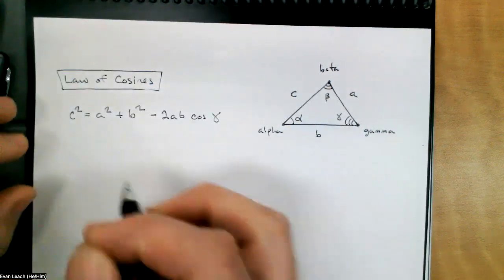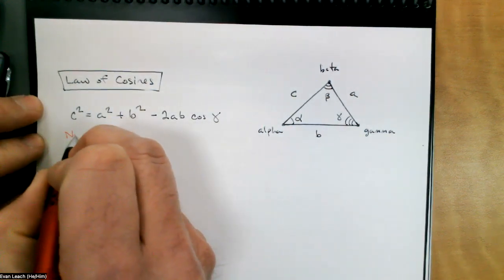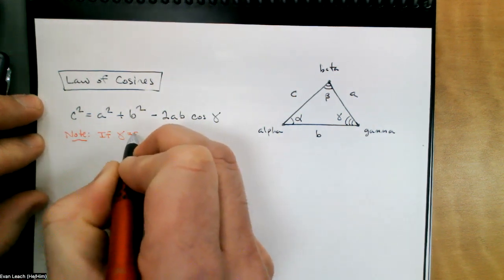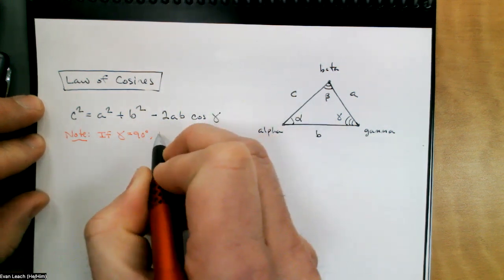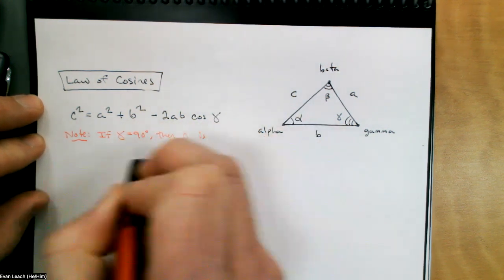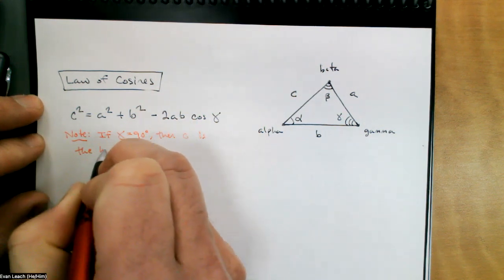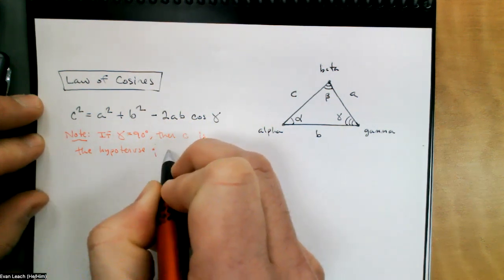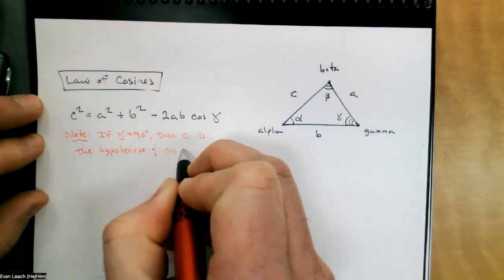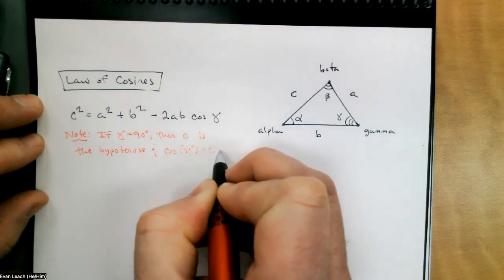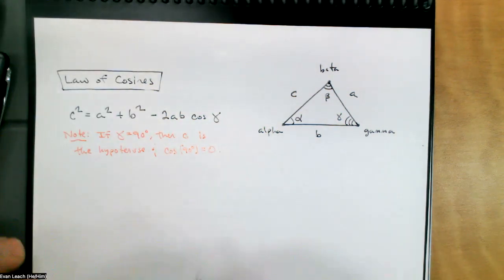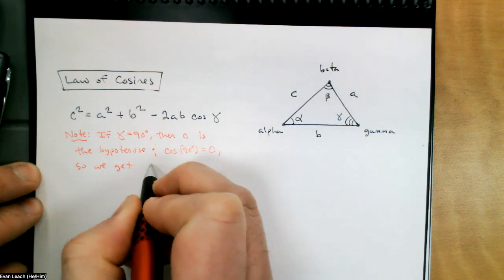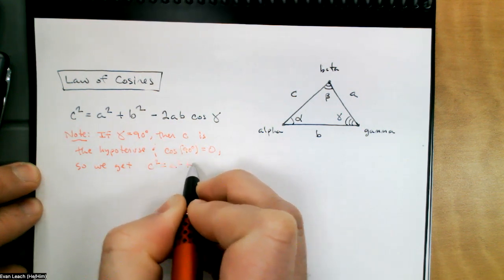So note, if gamma is equal to 90 degrees, then C is the hypotenuse. And also note that cosine of gamma is equal to 0. So we get C squared is equal to A squared plus B squared.